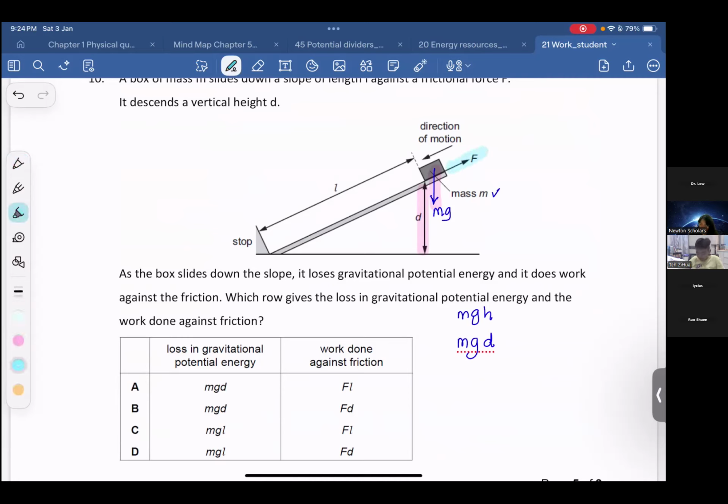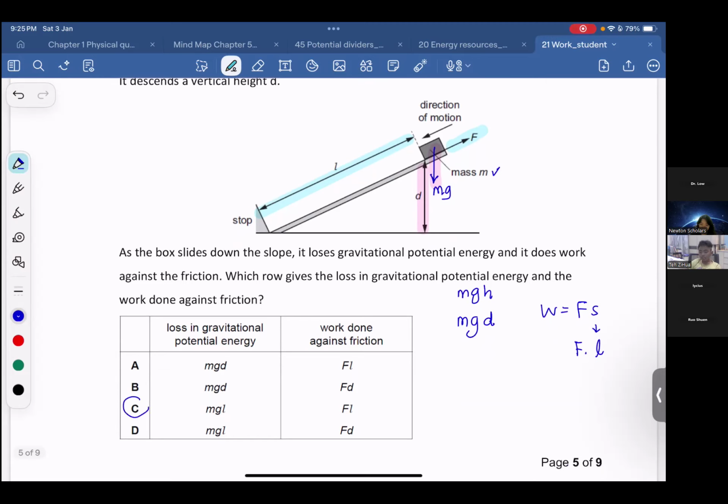This is your friction. So the same direction should be this distance, okay? So W equals Fs. To work against the friction, the force must be the same magnitude of force, but opposite direction. Okay, so F times s. What is the distance it travels? It is the L, blue color. So F times L. So answer should be C. Hey, wait. mgd. So A. FL. Yes. Okay, answer is A.